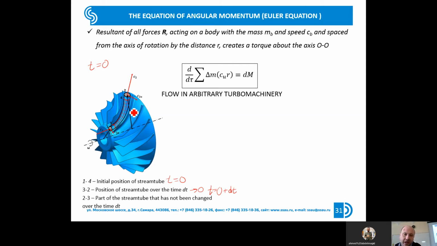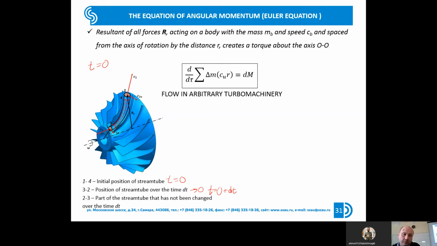And the same goes for the outlet section. What we can additionally say about this flow is that the flow tube 3, 4 doesn't change. It's the same for the two cases.